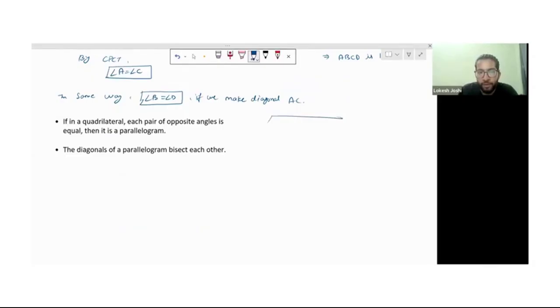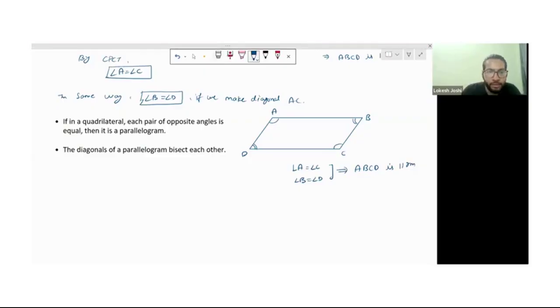Which means, suppose we are given a quadrilateral with vertices A, B, C, and D, and it's given that angle A is equal to angle C, and these two angles are also equal, angle B is equal to angle D. Without any proof, using these two, we can directly say ABCD is a parallelogram. That's for this property.